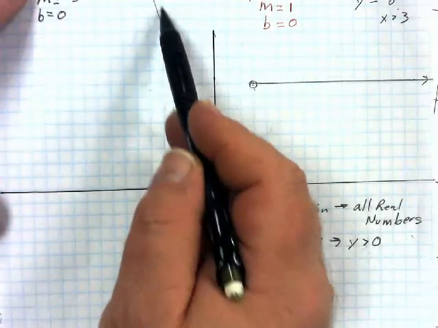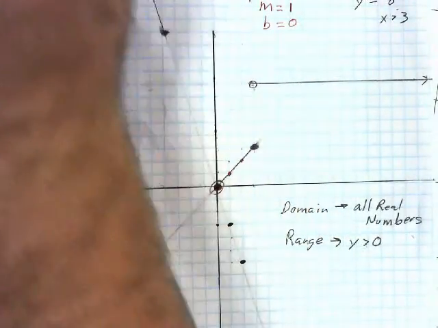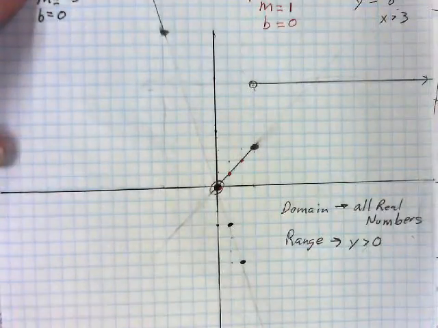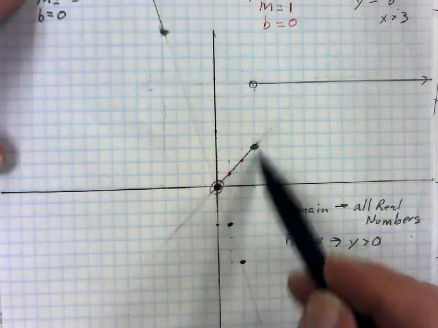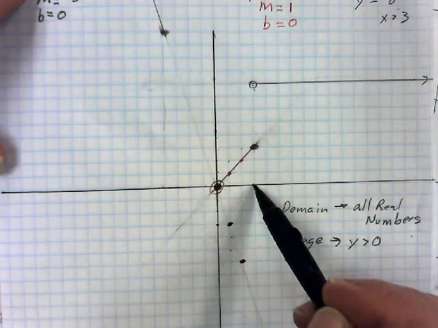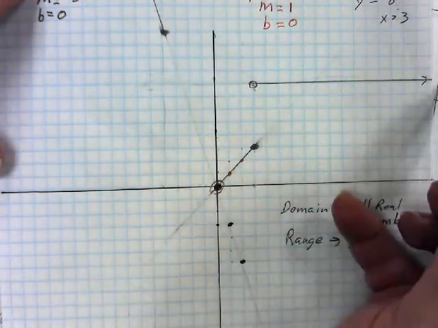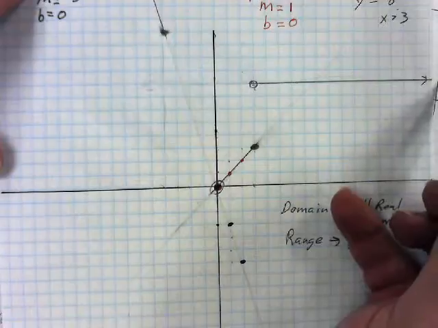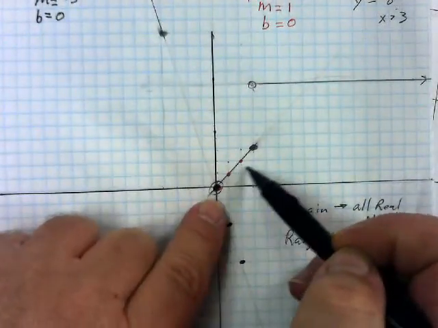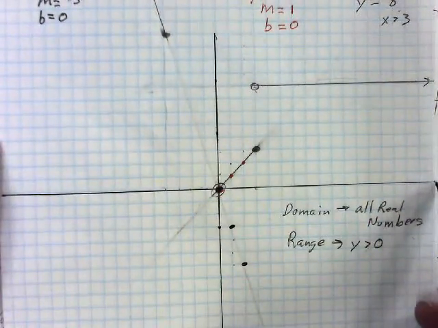Right? If I looked at this graph, they're between 0 and 3 on the x, aren't they? The x, or the horizontal ones here, start at 3 and go this way forever. So don't I have them going both ways forever on the x-axis? And that's the domain. That's why I said all real numbers.